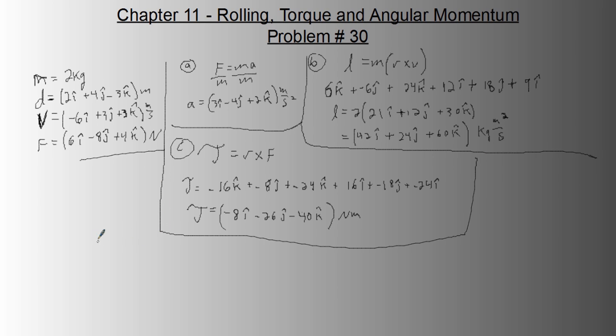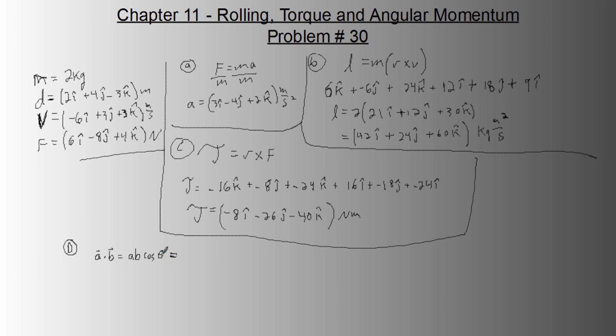Part D. Now, we never really truly used the dot product. Well, I guess you could have, but this part will show you the power of the dot product when you're dealing with three-dimensional components, i, j, and k. First off, the general rule for dot product: A vector dot B vector equals the magnitude of A times the magnitude of B times the cosine of the angle between them.